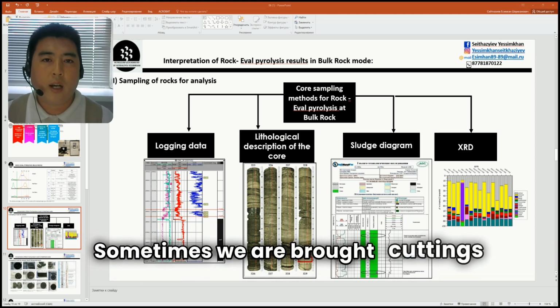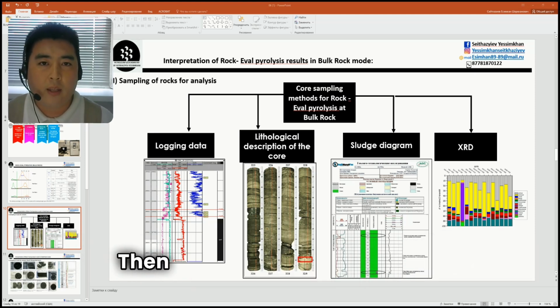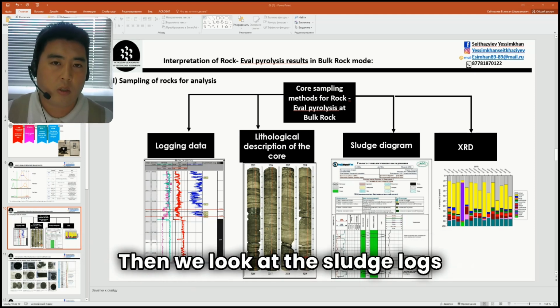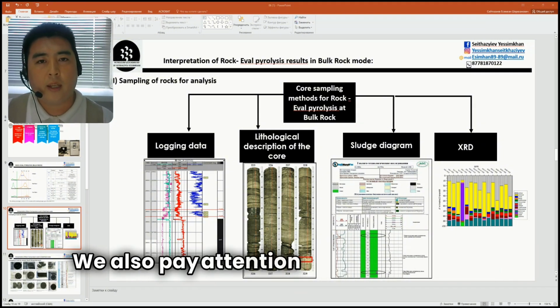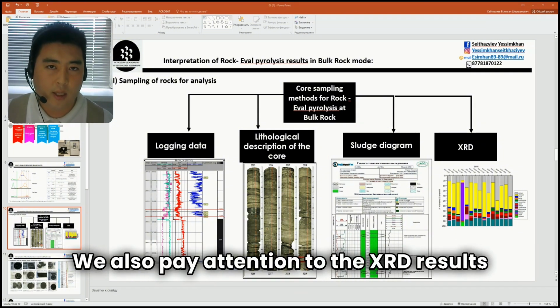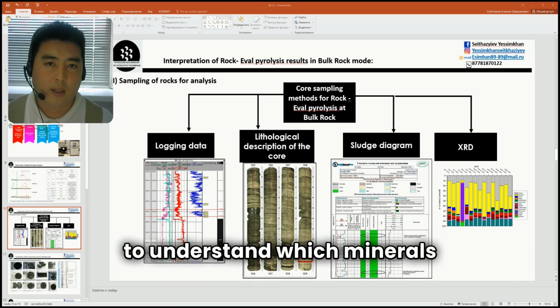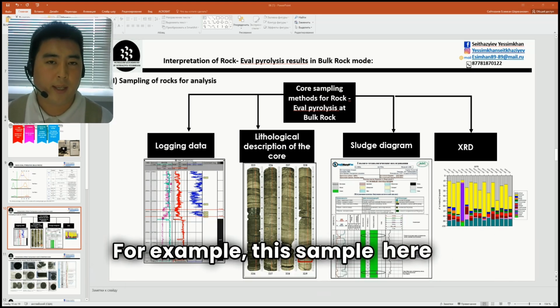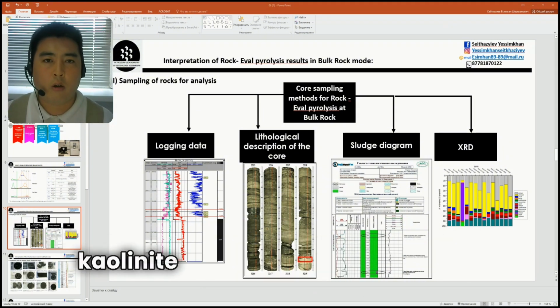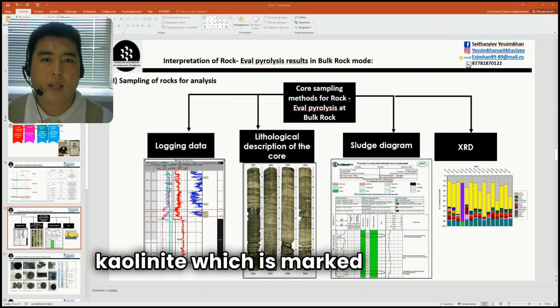Sometimes we are brought cuttings instead of core. Then we look at the sludge logs where shaly intervals are given in green. We also pay attention to the XRD results to understand which minerals predominate in the sample. For example, this sample here is dominated by kaolinite, which is marked in yellow.